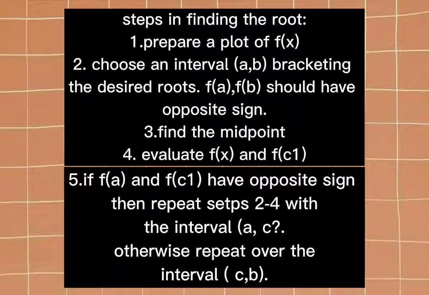These steps can be repeated to find the third or fourth estimate. Hence, in finding the root using bisection, we must make sure the interval has opposite signs.